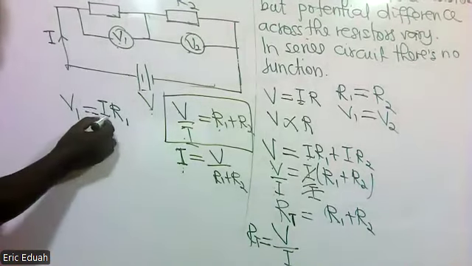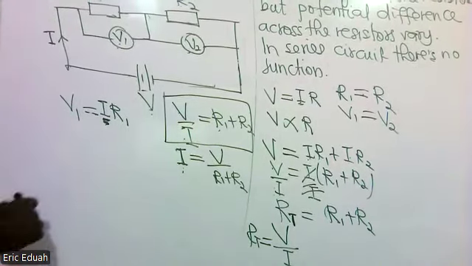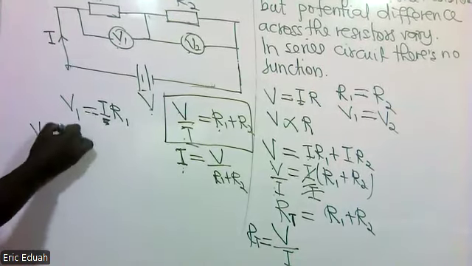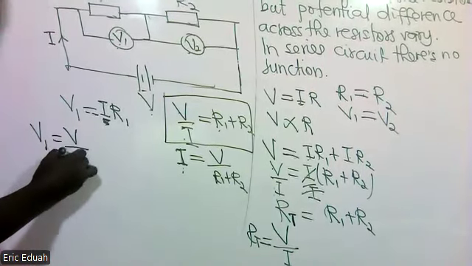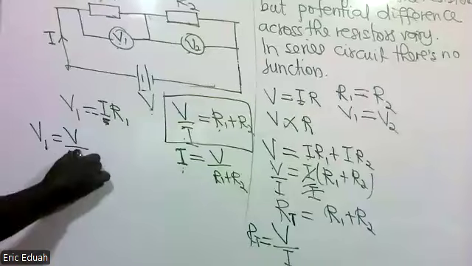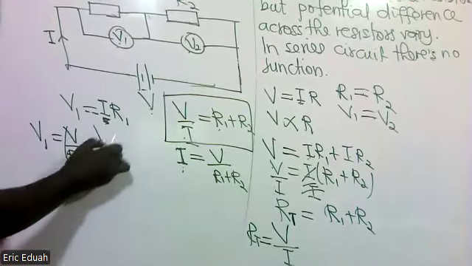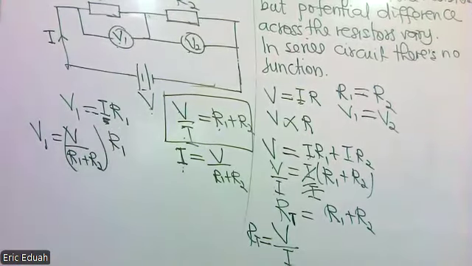Substitute this I in place of I here. So V1 will be equal to V over R1 plus R2 times R1.